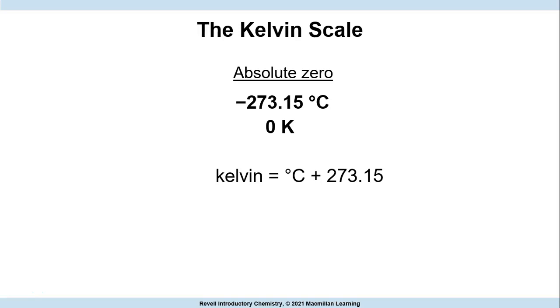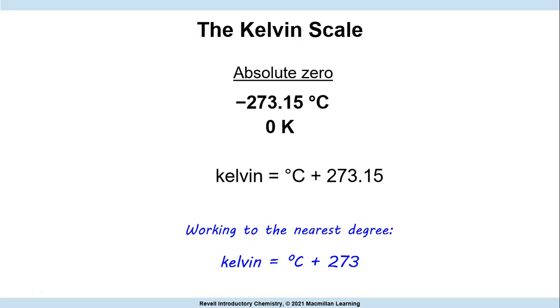How can you obtain the Kelvin from the degree Celsius? If you are given temperatures in degrees Celsius, for you to convert them to Kelvin, you need to add 273.15. But what happens when we want to work to the nearest degree? If we are working with the nearest degree, we say that the temperature in Kelvin will be equal to the temperature in degrees Celsius plus 273.